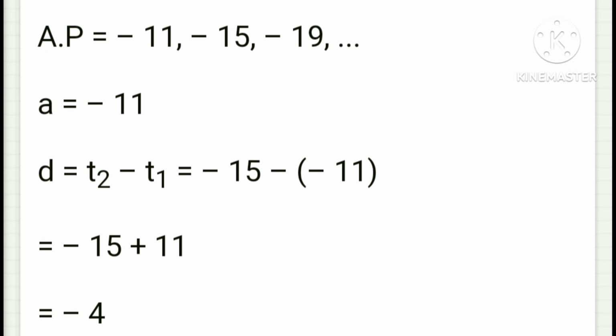Therefore, the first term, that is A, is equal to minus 11. The common difference D can be found by subtracting the first term from the second term, that is T2 minus T1. It means minus 15 minus minus 11, that is minus 15 plus 11, which is minus 4.